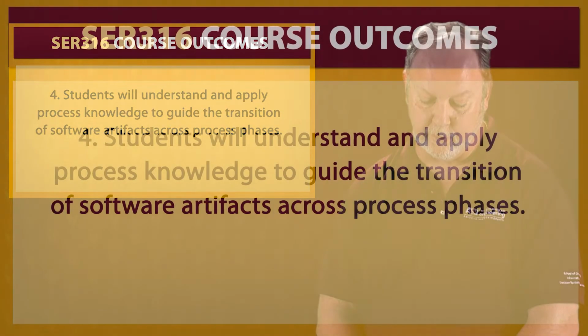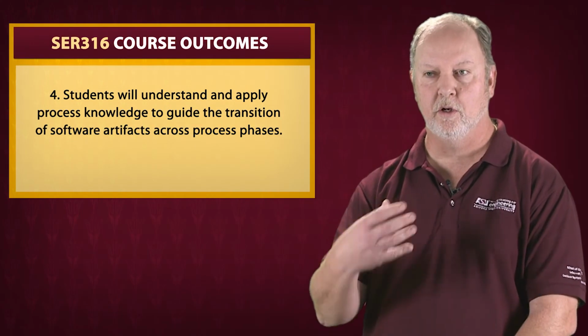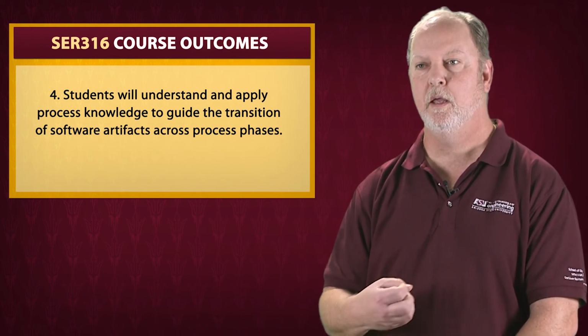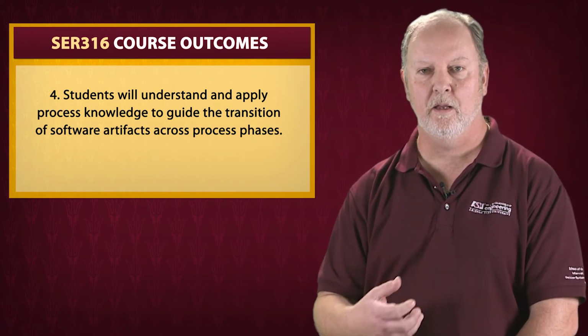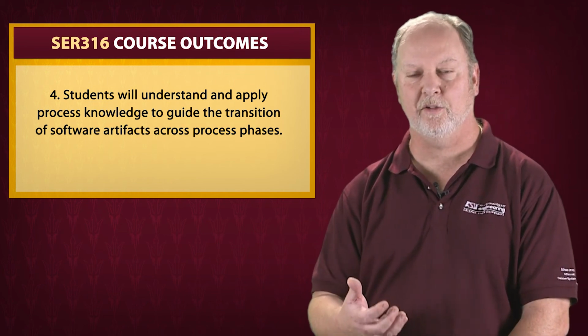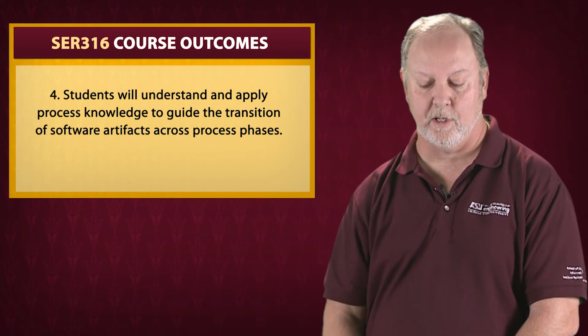Course outcome 4, students will understand and apply process knowledge to guide the transition of software artifacts across process phases. That's the contextualized version of this. And again, we use the highly iterative Scrum methodology, so you're going to learn how to track your progress, understand the cadence or rhythm of your team, and understand the notion of tracking the work effort or capacity of a team through what's called velocity, as well as your progress against requirements or building business value, which is what you use a burn down chart for.